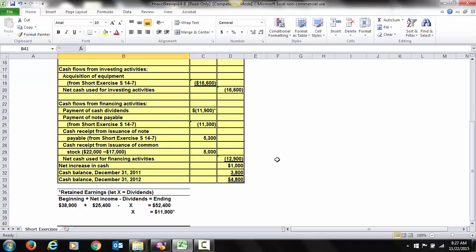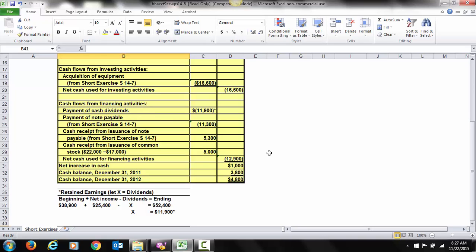And then we don't have anything in the data that tells us that there's anything else affecting common stock besides cash. So therefore, we can just take the difference in the beginning and ending common stock account balances and determine that $5,000 of cash, right?